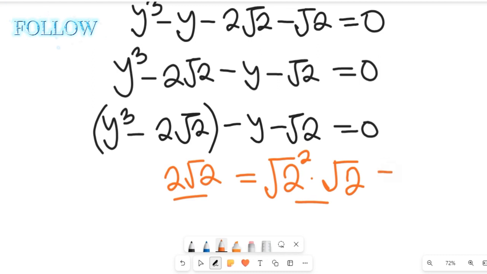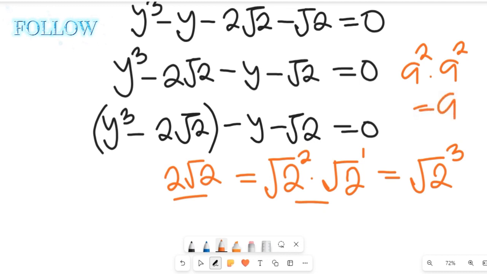And do you know that this is still equal to square root of 2 to the power of 3? Why? Because if we have this as 1 here, and according to the law of indices, if we have a to the power of 2 multiplied by a to the power of 1, this will be equal to a to the power of what? 3. Good.